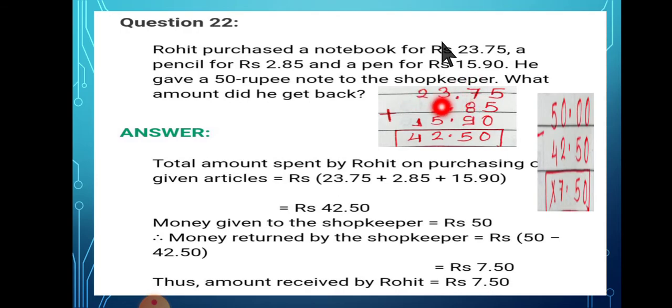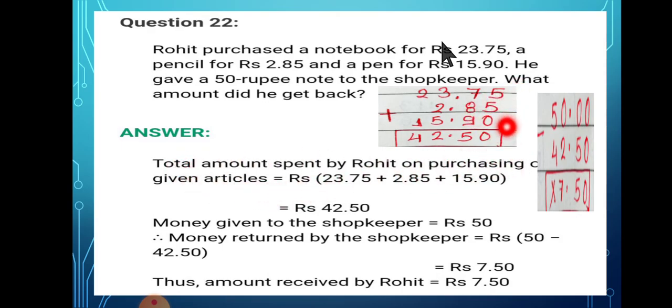So notebook 23 rupees 75 paise, pencil 2 rupees 85 paise, then pen 15 rupees 90 paise. So first we will add, because Rohit purchased these 3 items, so first we will add the total amount of these 3 items. Total amount spent by Rohit on purchasing the given things.